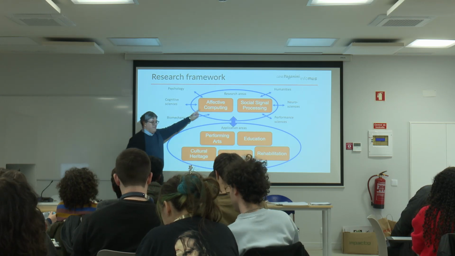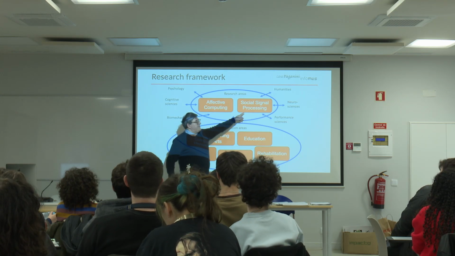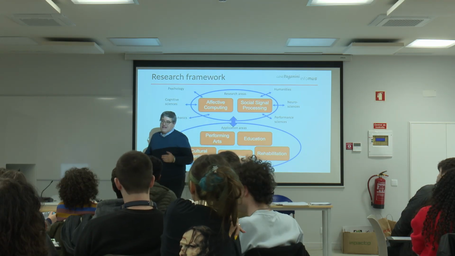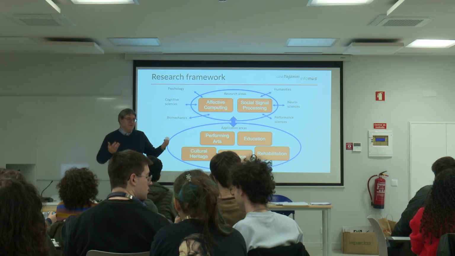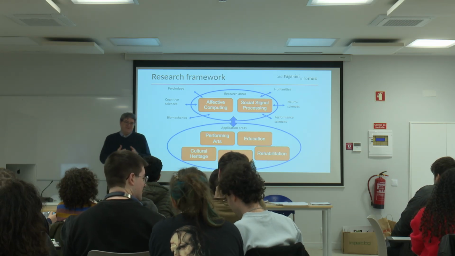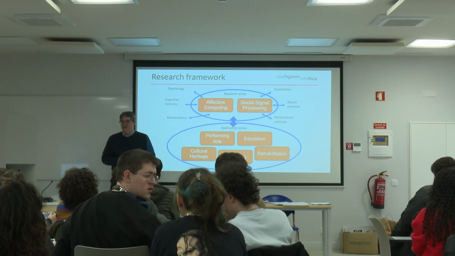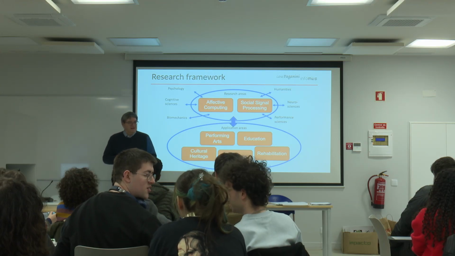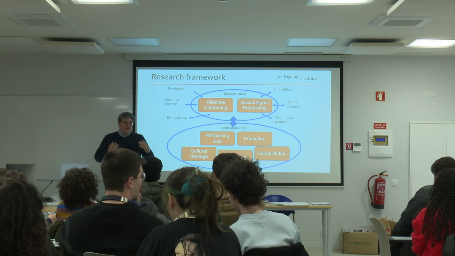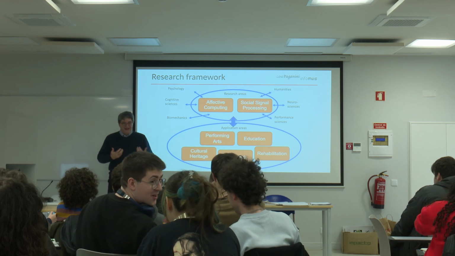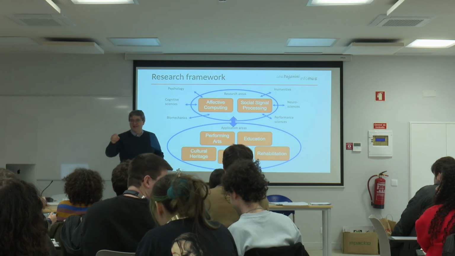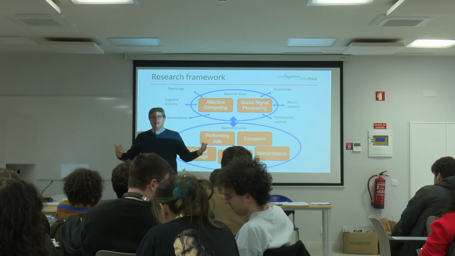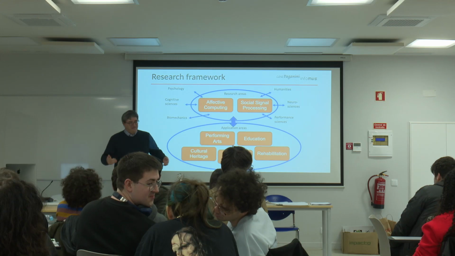This is affective computing. Social signal processing is to analyze, by technology, how people interact together. So for example, yesterday you were in a team, and we could analyze how much the team is well engaged, what the cohesion of the group is, who is the leader of the group, how the group is synchronized when they perform actions.